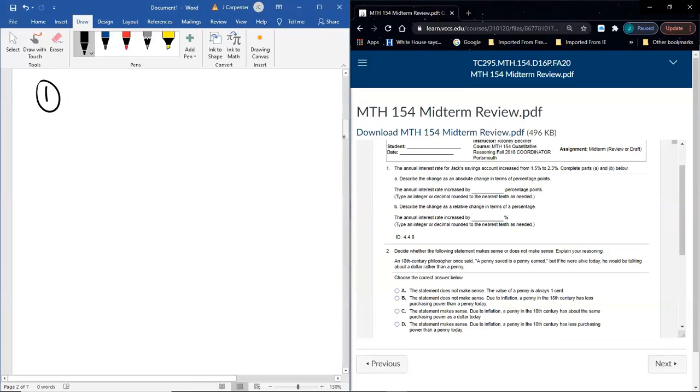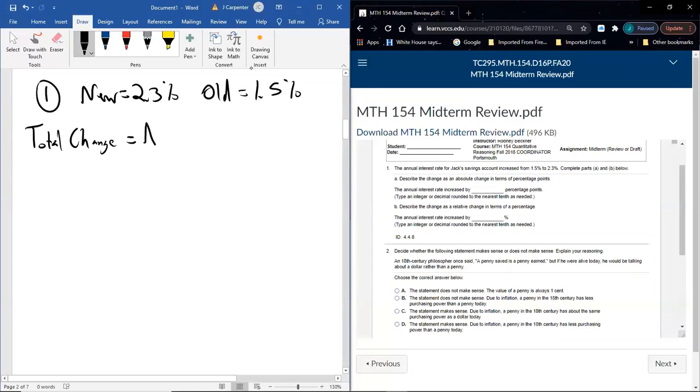All right, so we have our new, which is the 2.3%, and then the old, which is the 1.5%. So the total change, or the absolute change, which is just another way to phrase it, is the new minus old, which would be the 2.3% minus the 1.5%.